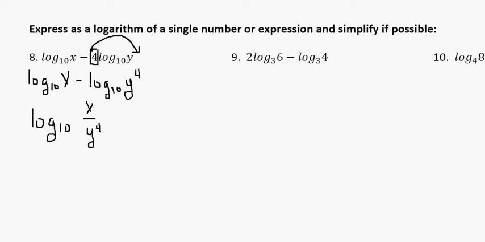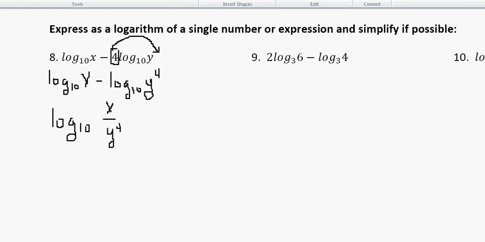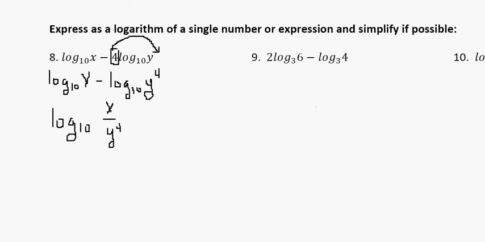Okay, applying the same technique to number 9, we're going to condense the two logarithms, but since we don't have variables here, in the end we're actually going to be able to evaluate the expression. So once again, do you see an exponent that fell? If you look right here, this 2 was an exponent that had fallen down.